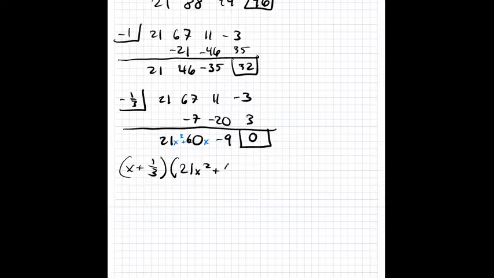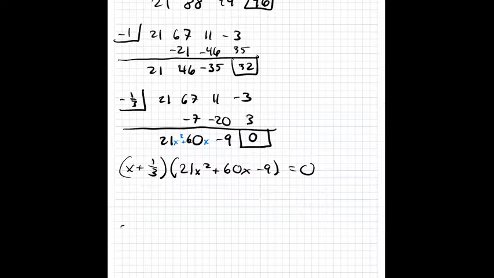It looks like all of those are at least divisible by 3. Let's factor out a 3 from the second one, and we can pass that 3 through to the first one. So if we move the 3 from the second one to the first one, we're going to get 3x plus 1.